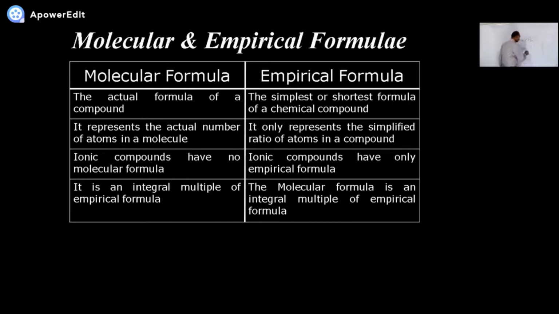For example, the empirical formula of glucose is C₁H₂O₁. And which was the number? 6. If you multiply it, you will get what? C₆H₁₂O₆. So this is called an integral multiple.